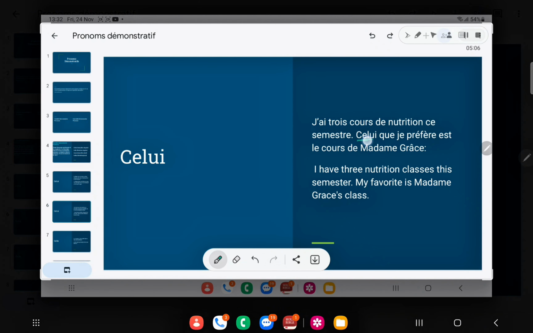So celui here helps us to immediately understand that the speaker wants to make specific reference to the course of Madame Grasse. Celui, that is, that which I prefer is the course of Madame Grasse. That's simple. In my English translation here, I use my favorite. It's not the word for word translation, but it confers the same meaning anyway.